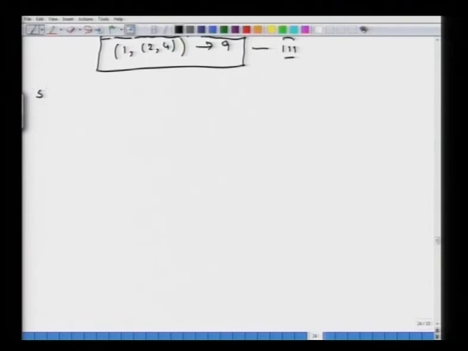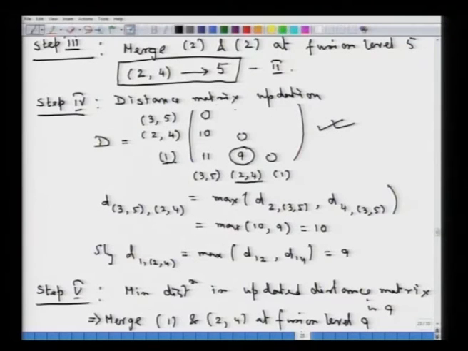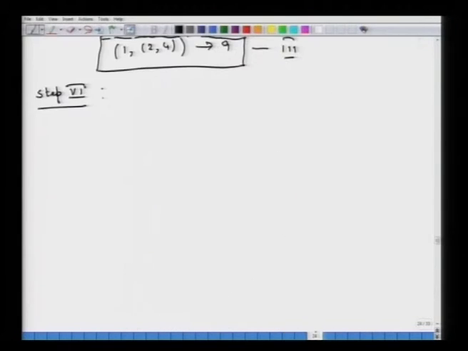Now, we come to the next step, that is step number 6. At step 6, we will look at updating this distance matrix. The previous distance matrix was 3 by 3 because we had 3 clusters. Now, we have got 2 clusters. One cluster is an existing cluster 3 5, and the other cluster is the newly formed cluster having 3 cases 1, 2 and 4, and hence the distance matrix is just a 2 by 2 matrix.